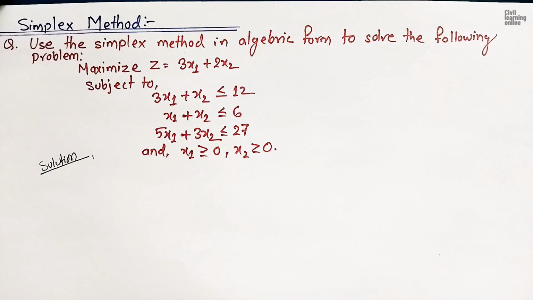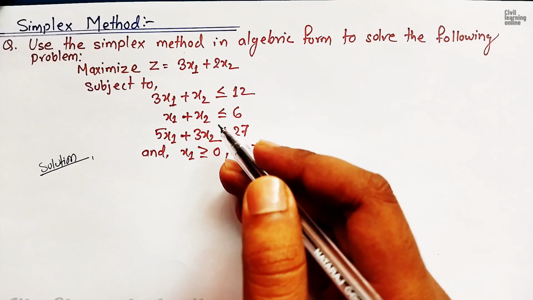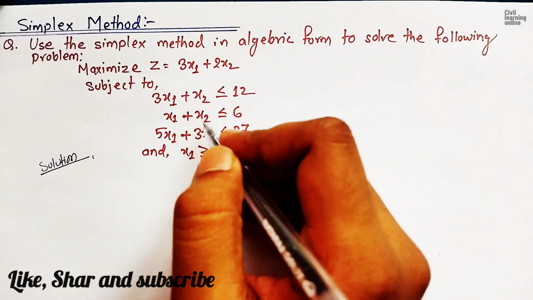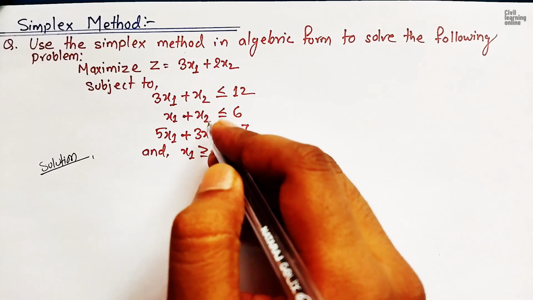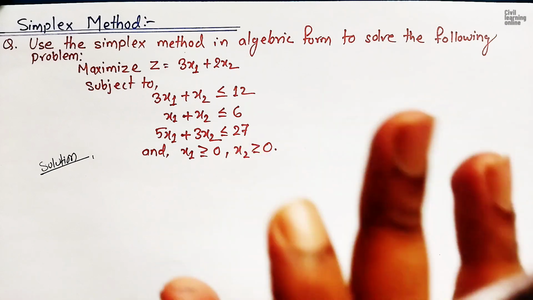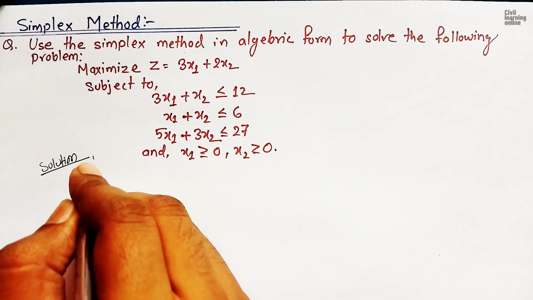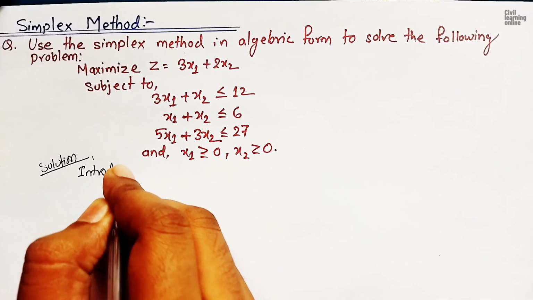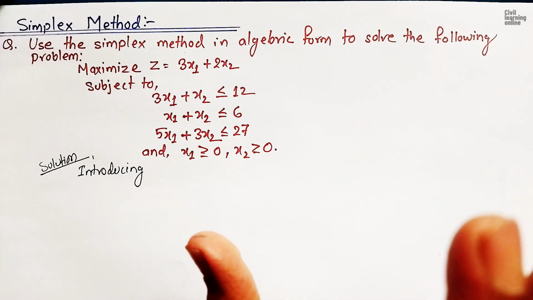Now we have to convert these inequalities into equations. So how will we do it here? We have 3 inequalities, so we will introduce 3 non-negative slack variables. You can take any numbering.